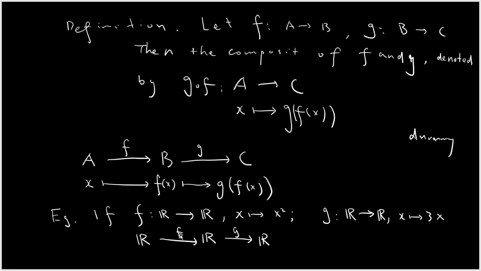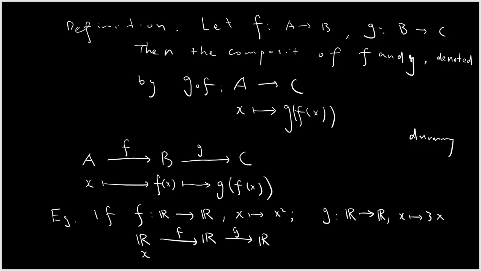Now you connect F and G, so you have a chain. And then the composite is going to be from that R, the domain of F, to the codomain of G. Basically, the result of the chain. And then we figure out the rule.